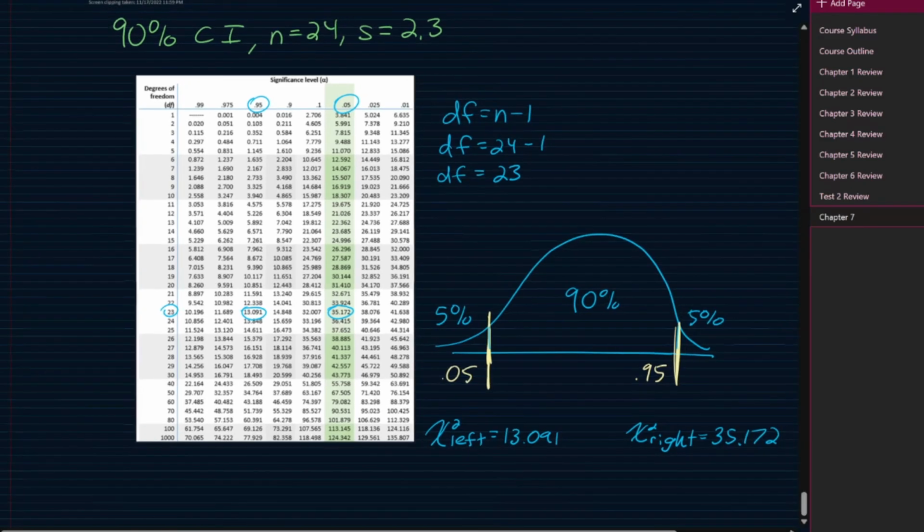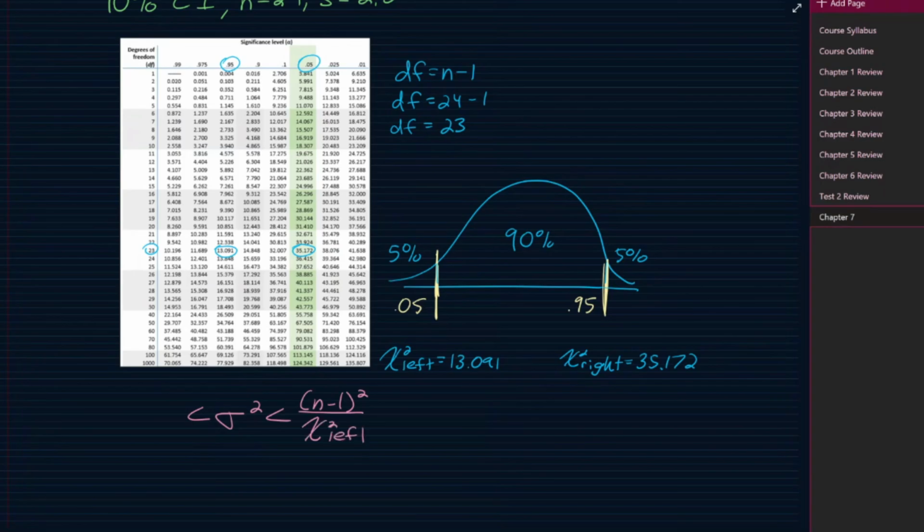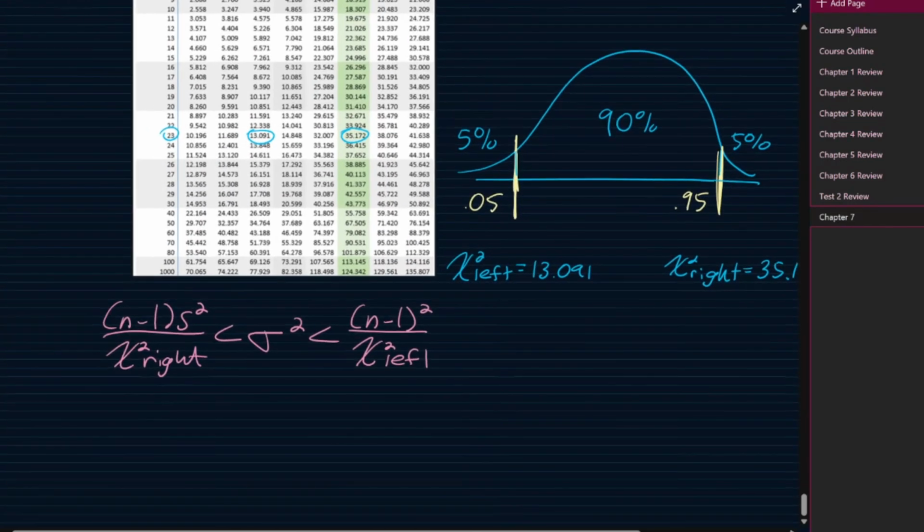So for variance, I've got our formulas here. And plugging everything in, what do we get? N minus 1, that's 23. Oh, I forgot the s squared here.